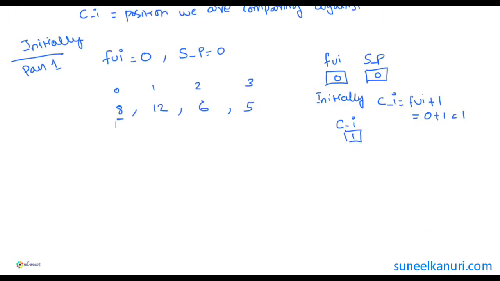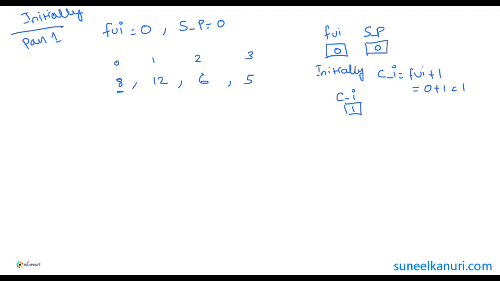Let me write the basis for this, our formula. Let's assume all this data is stored in an array called data, and we compare whether the current index's value is lesser than our smallest position's value, and if it is true, we do a swap.